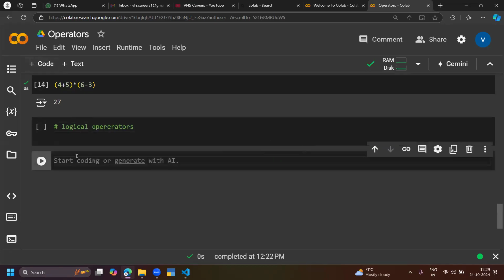The first one: 2 greater than 3 and 4 less than 5. Tell me the statements. 2 greater than 3, true or false? What is the statement first of all? Just give me the comment.